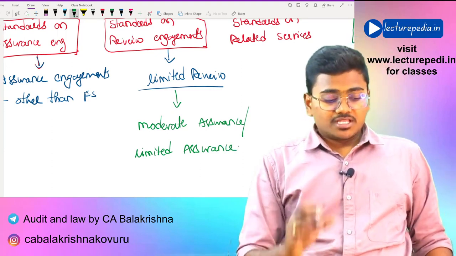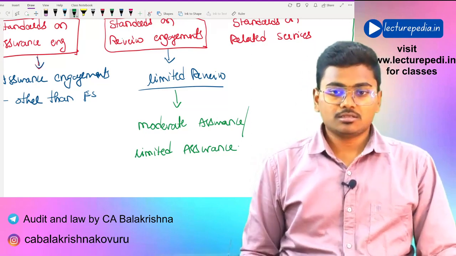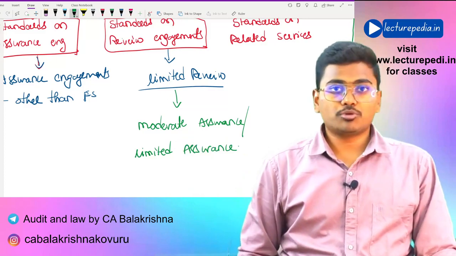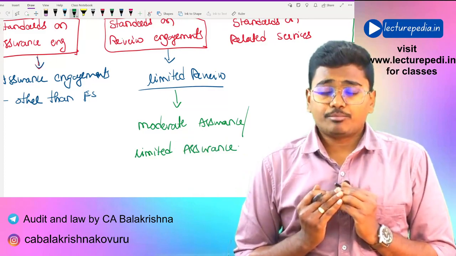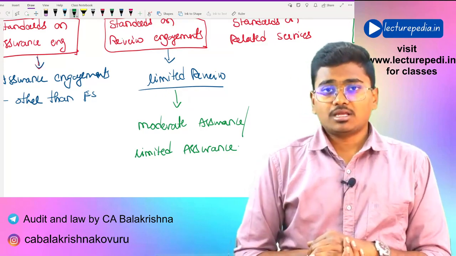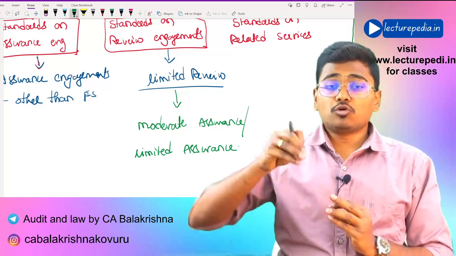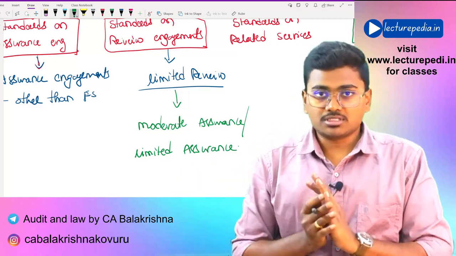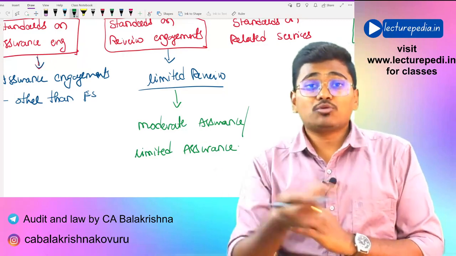The terminology the auditor uses in limited review reports is: as far as the items I have verified are concerned, there are no misstatements in those items, but I don't know about the items that I have not verified.